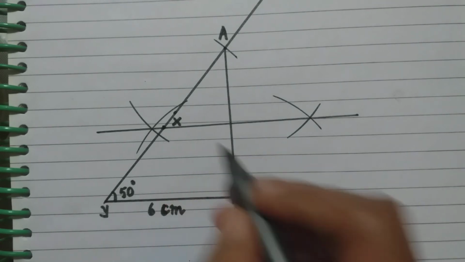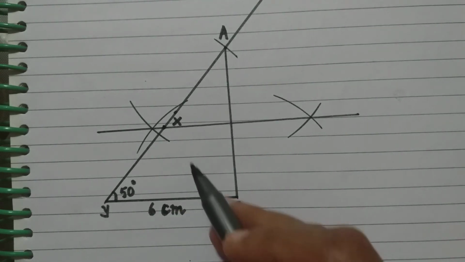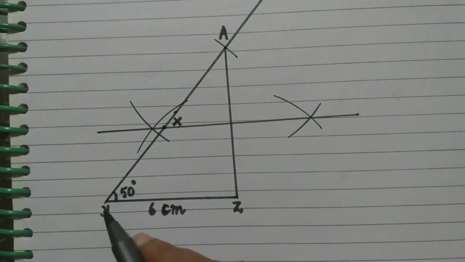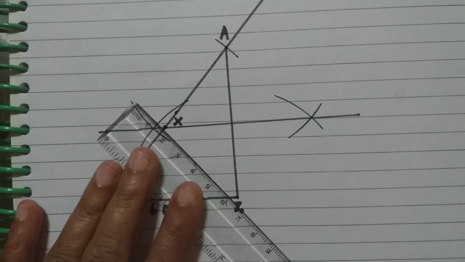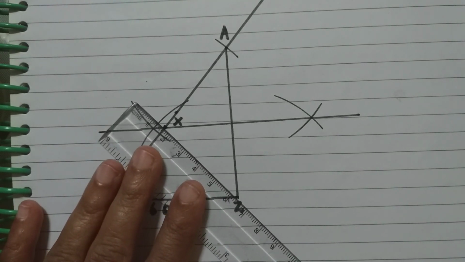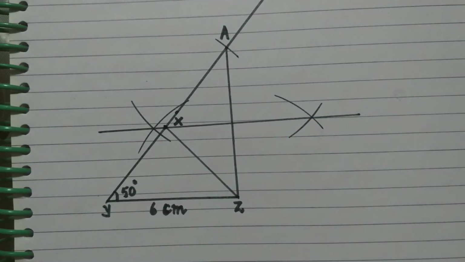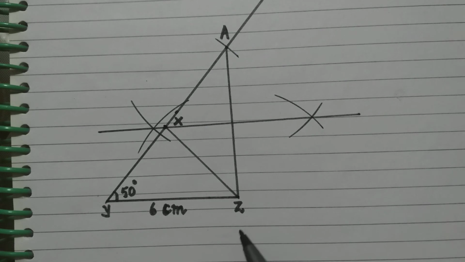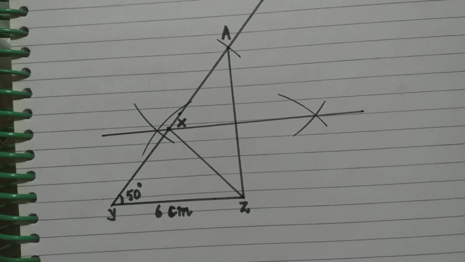This vertex now is the vertex X. Now the triangle which we have to construct is XYZ. X is joined to Y, Y is joined to Z, but XZ is not joined. So I join this XZ here. So the triangle is complete. So I've got a triangle XYZ as the required triangle.